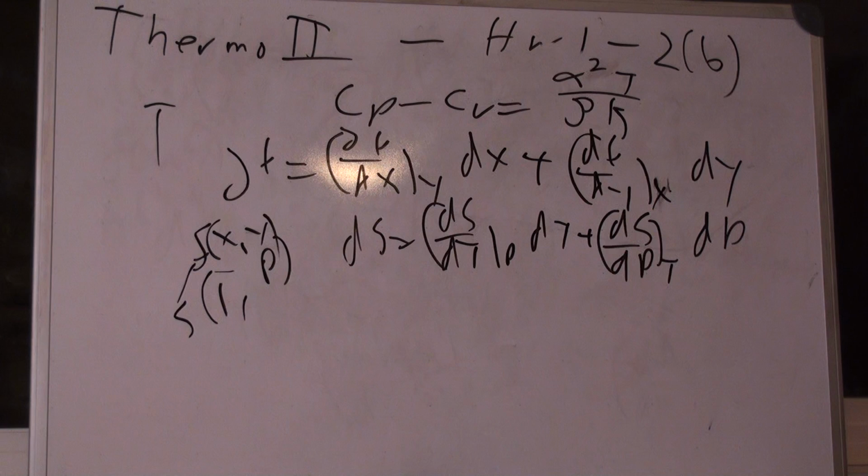One is Maxwell's relationships, and I only use them if I get rid of an S. If I get rid of the S, Maxwell's relationship is the way to go. So let's look at dS dT at constant P first. Oh, wait. I don't have a Maxwell's relationship, but I do have a property relationship, Cp over T.